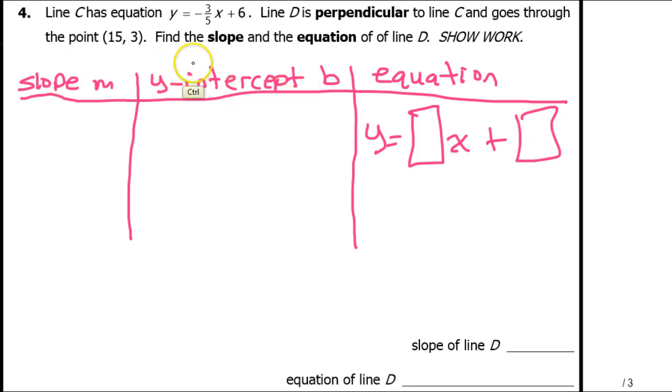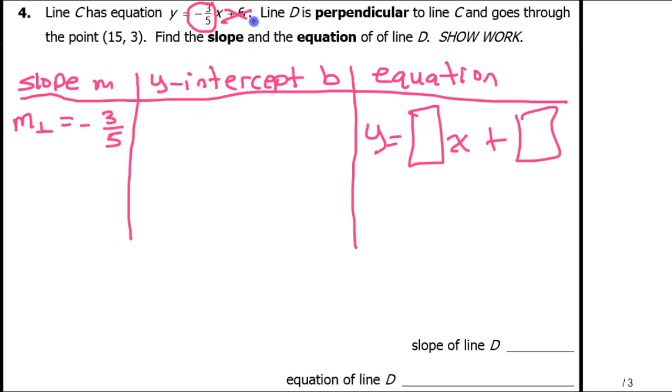So let's start with the slope. When they gave us a perpendicular line, line C, indirectly they're giving us the slope. So I'm going to write down m perpendicular. This is where I will record the slope of this perpendicular line. And the slope of this perpendicular line is right here. Okay, so the slope of the perpendicular line is -3/5.